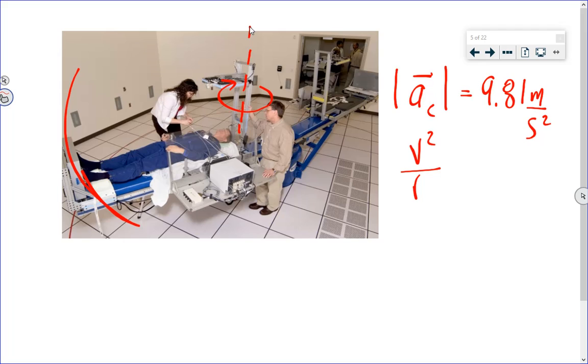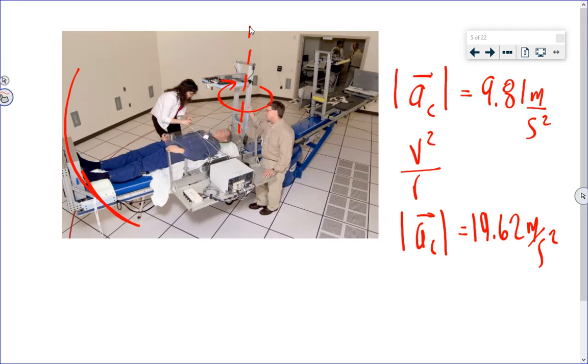If, on the other hand, the centripetal acceleration had a magnitude of 19.62, can somebody confirm that 19.6 is 9.81 times 2? Yeah, and Hunter, that's the name of the ride, the gravitron.